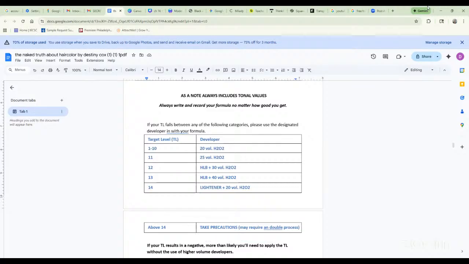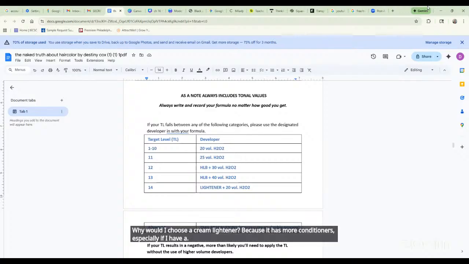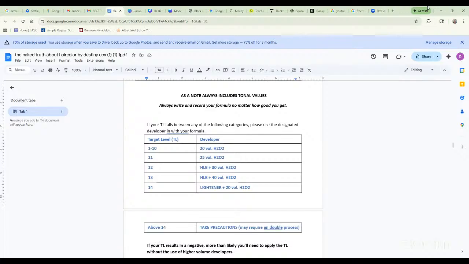And also know the theory background, but you can use a cream lightener to get me where I want to go. Why would I choose a cream lightener? Because it has more conditioners, especially if I have a client that's prone to damage.